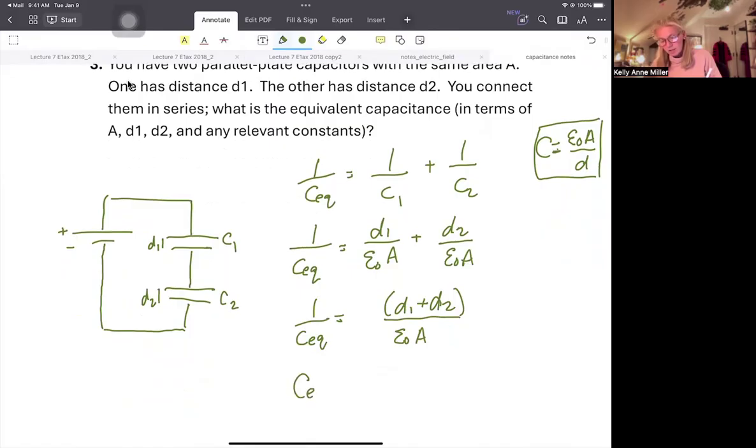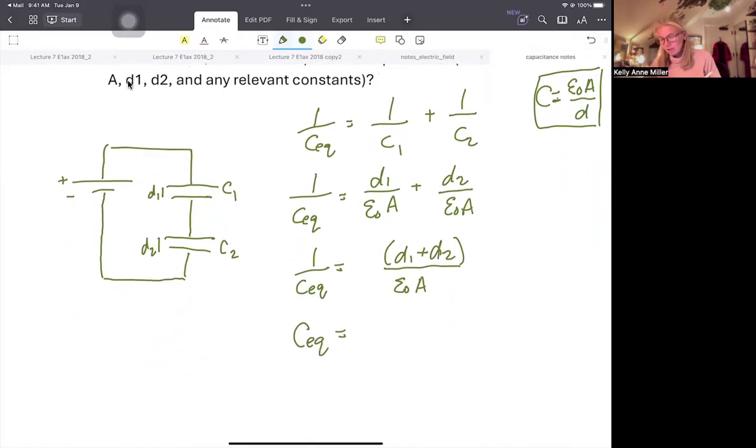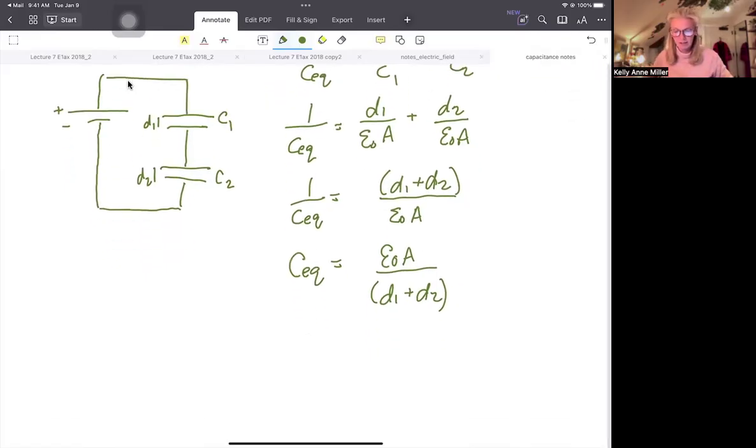And I can just flip both sides, so this is going to equal epsilon naught times area divided by D1 plus D2. That is how you would calculate the equivalent capacitance of two capacitors in series.